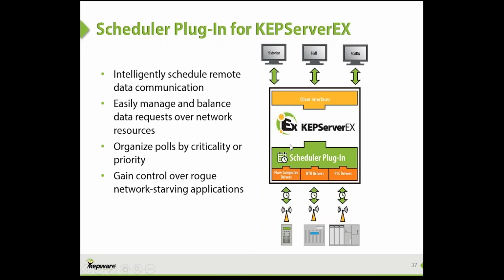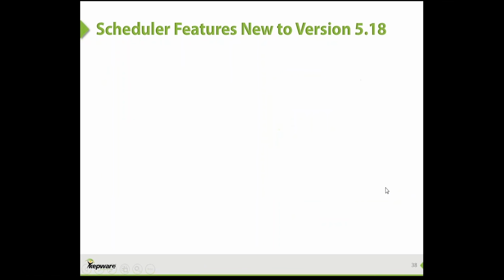The nice thing is that in the scheduler, you can organize polls by criticality or priority. So if your SCADA data is going to be a higher priority than your historian data, and your historian wants data at the same time, the SCADA would get priority over the network. So, a nice central way to manage data collection.